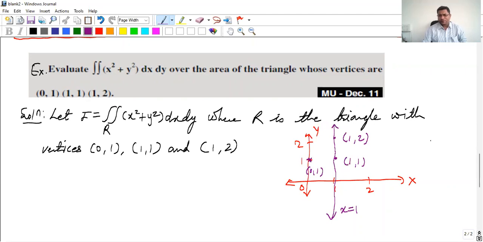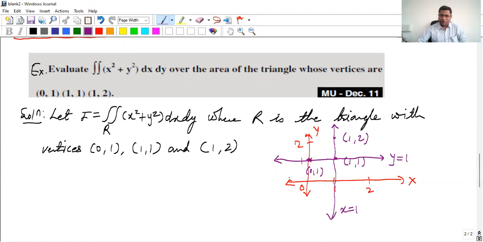Is that okay? This is going to be x is equal to 1. So if I draw the line passing through these 2 points, then it is going to be y equal to 1. Is that okay?